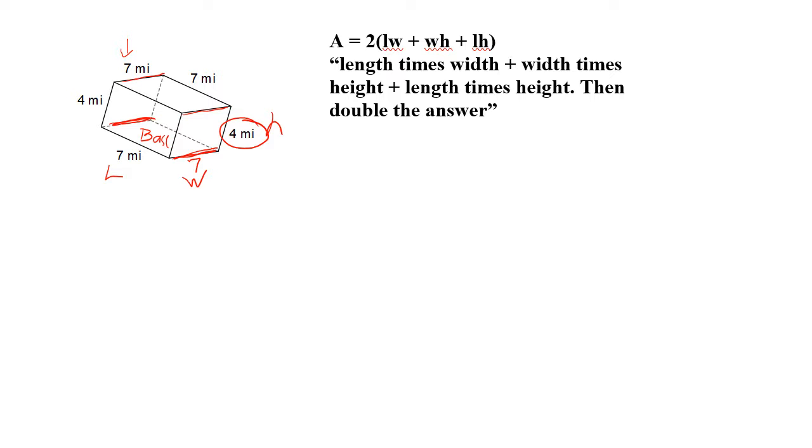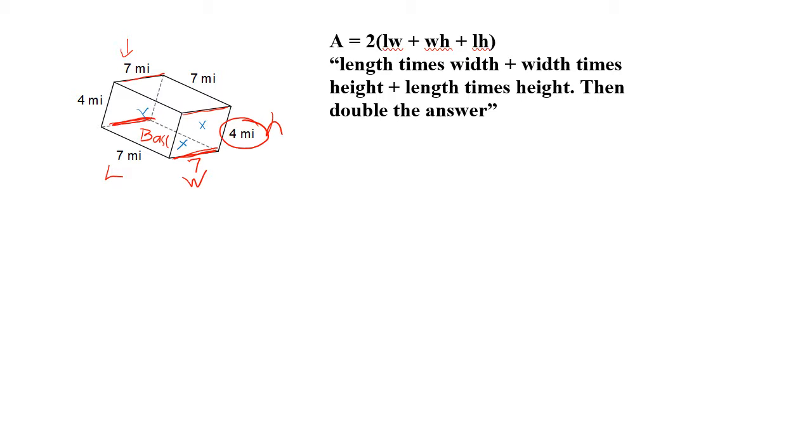Now my height then would be these 4, so that will be my height. So now my formula says I need to find the length times the width, width times the height, length times the height, add them together, and then I'm going to double it. Basically what's going to happen is I'm going to find the area of the base, the area of one of these sides, and one of these sides, but since there's 2 of everything, that's why we're going to double it at the end after I add those together.